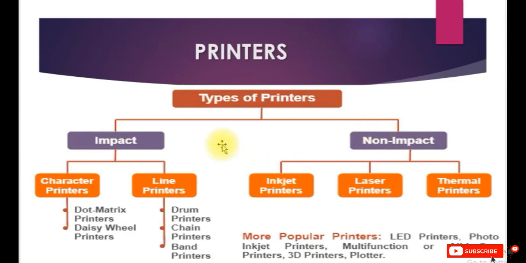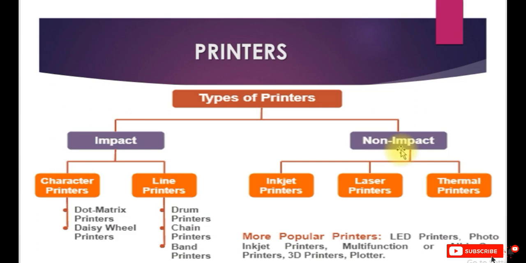But before I get into that, let me just make this distinction. There are two different categories of printers. We have impact printers and non-impact printers. Now, think about the word impact. When you hear impact, it is that there are two or more components which are actually making physical contact. That is what impact is about.